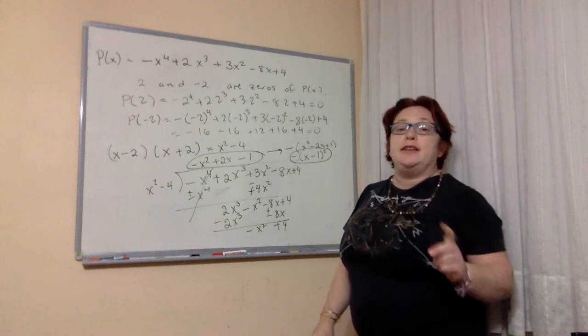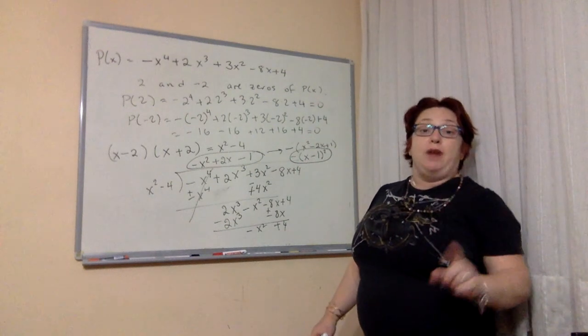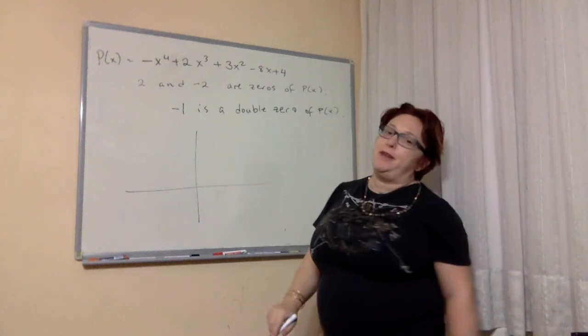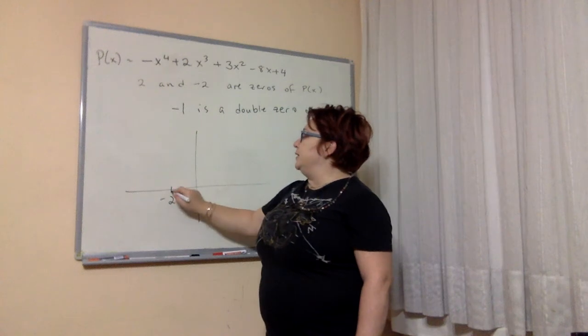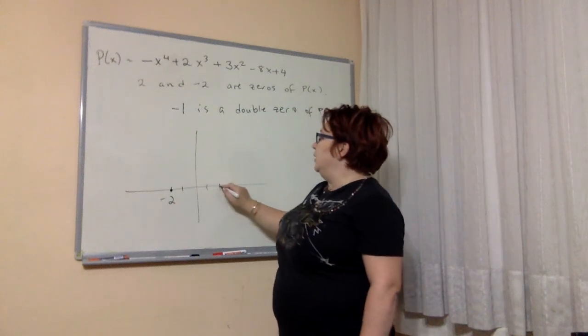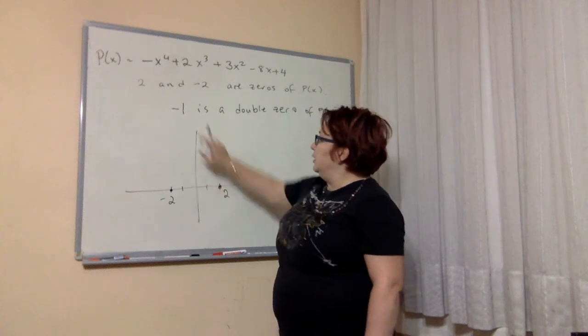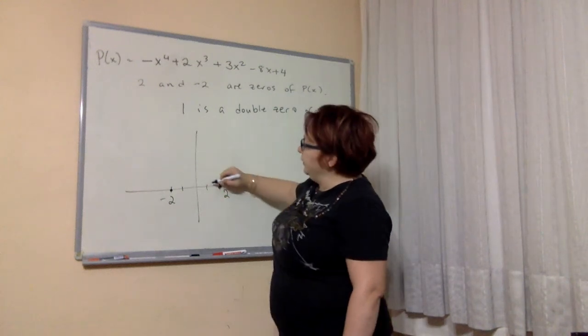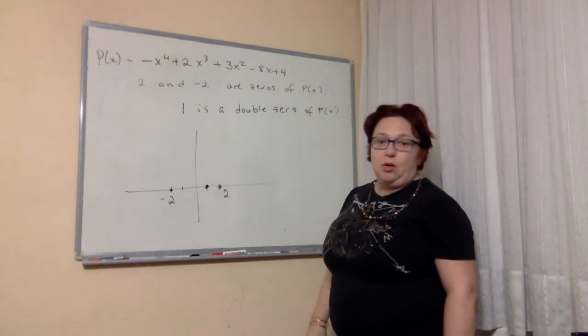So we have another 0, which is 1, and it's a double 0. We're asked to sketch the graph of p of x. These will be our x-intercepts, negative 2, 2, and 1. 1 will be a double 0.